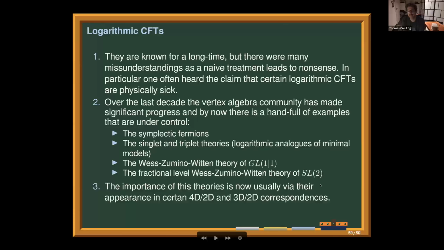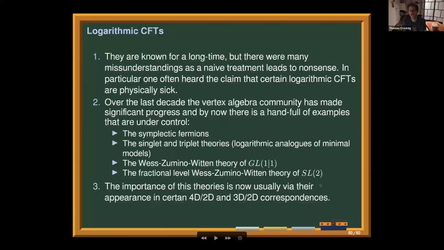There's a family that is quite similar called singlet and triplet theories. What they really are is logarithmic analogs of the Virasoro minimal models. One could call them extensions of the Virasoro minimal models of type (1,p). The Virasoro minimal models are labeled by two positive integers starting at 2, and so the 1 has the effect of making it logarithmic.